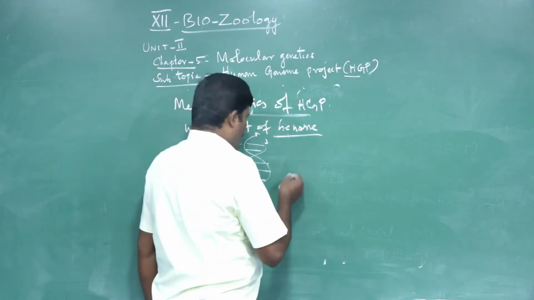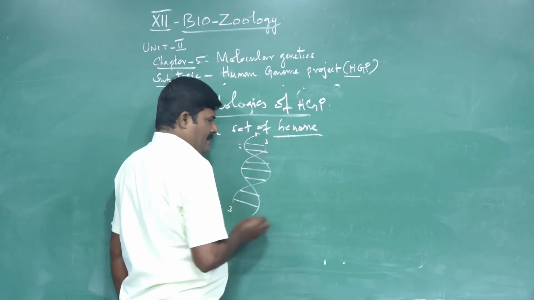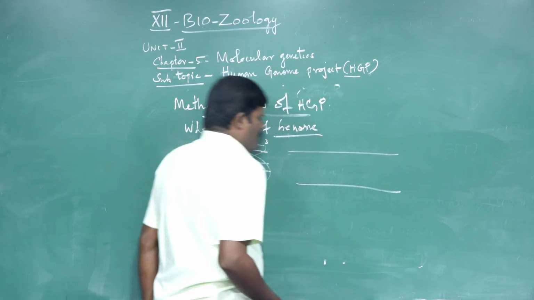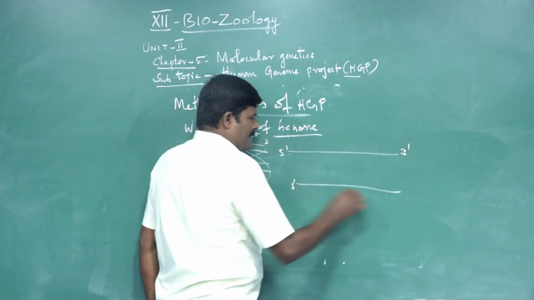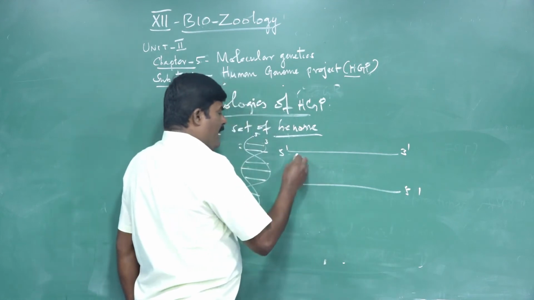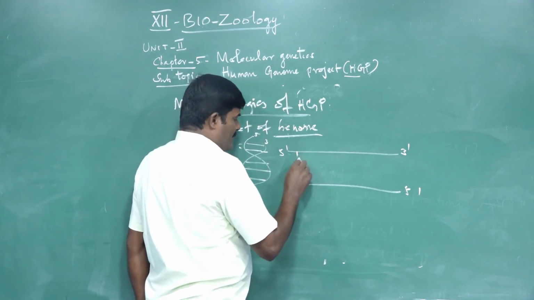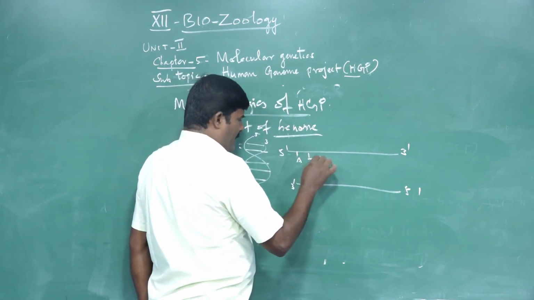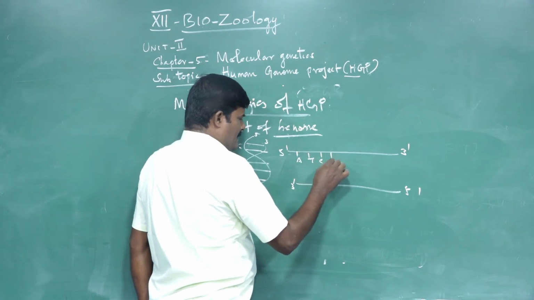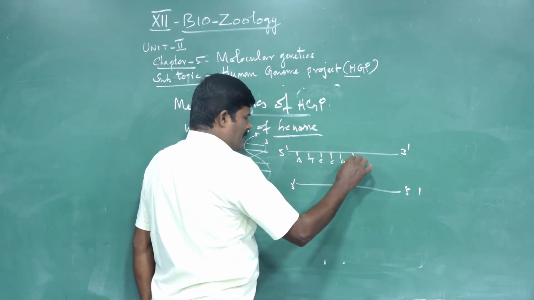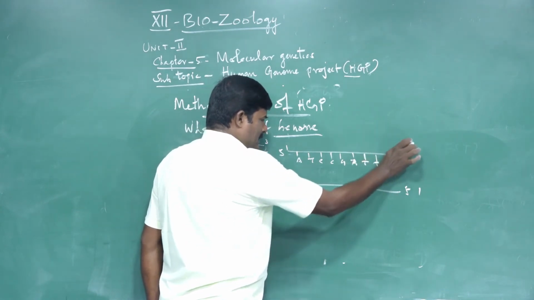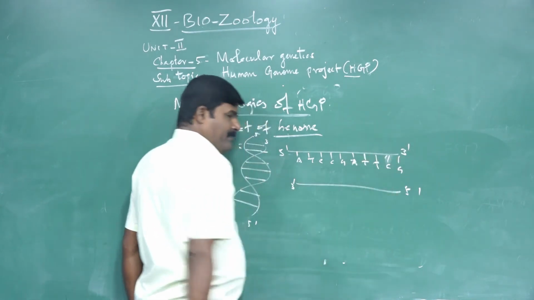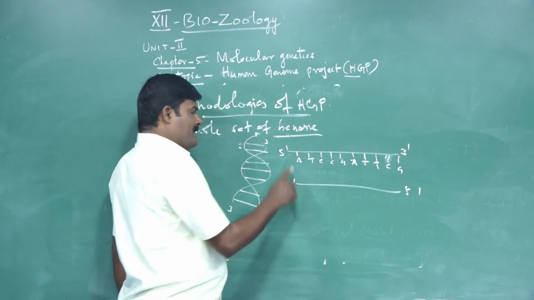For example, this is a long fragment. This end is 5', another is 3', next one is 5'. This is made up of a nucleotide sequence, for example A, T, C, next is C, next is G, A, T, C, next is G. This is the nucleotide sequence of one strand.